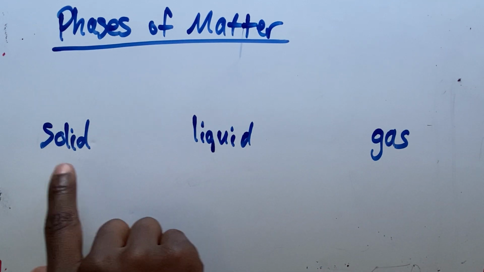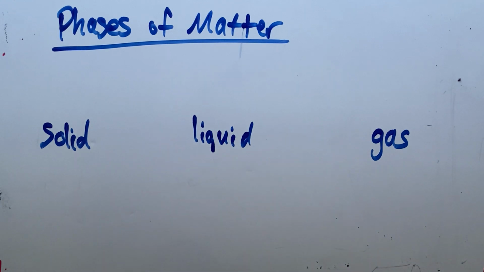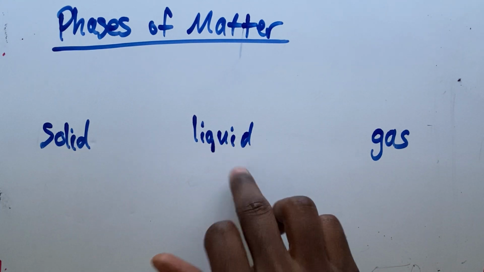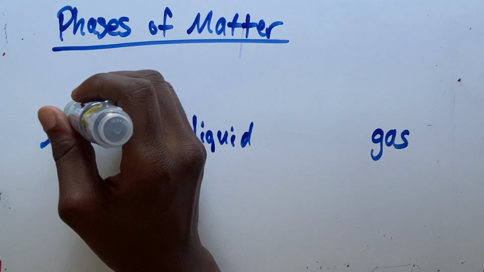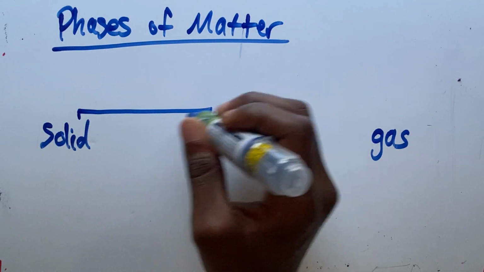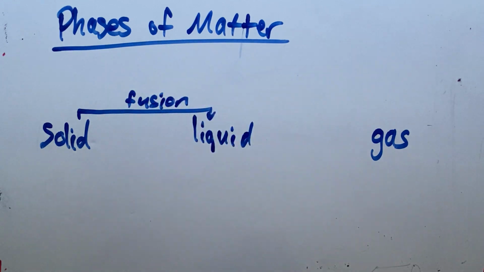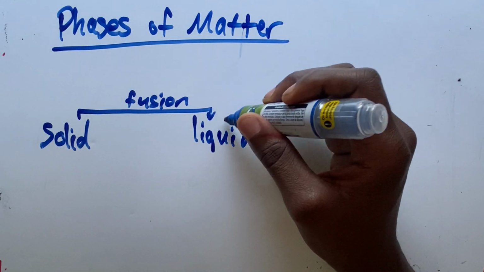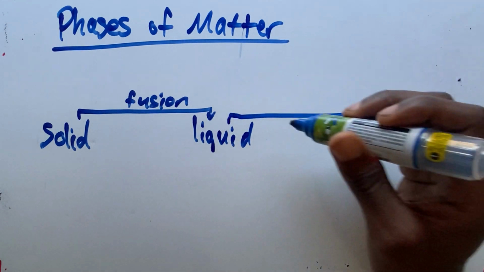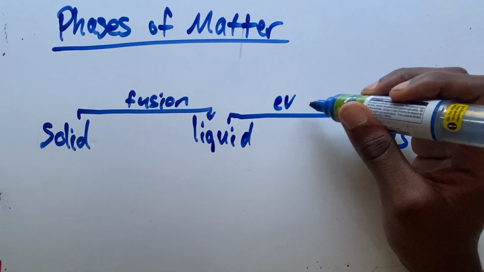So if we have some ice and that ice is melting and becomes a liquid, or the ice melts and becomes water, we call that fusion. When liquid or water becomes water vapor, we call that evaporation or vaporization.